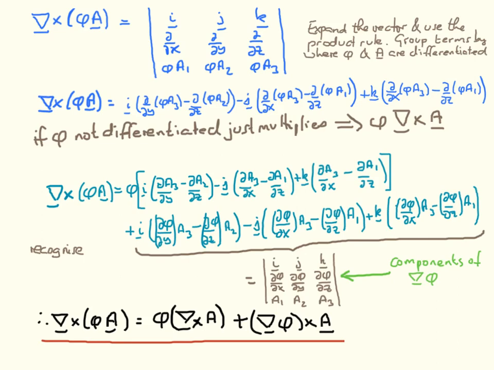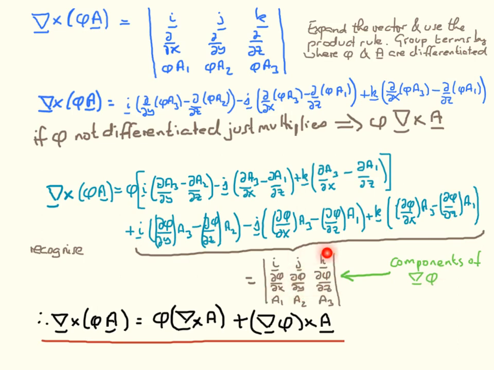So for example, if we expand this, it's d phi dy multiplied by A3. So the second row here are the components of the gradient of phi. So the gradient of phi in the i direction is d phi dx, in the j direction it's d phi dy, and in the k direction it's d phi dz.